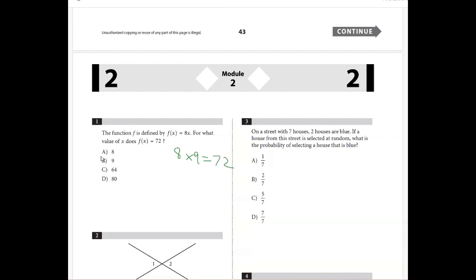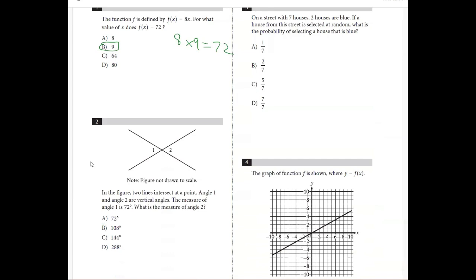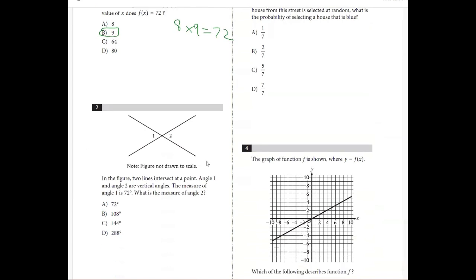So 9 is the correct answer, B. Number 2, in the figure, two lines intersect at a point. Angle 1 and angle 2 are vertical angles. The measure of angle 1 is 72 degrees. What is the measure of angle 2? Since these two lines intersect at one point, we can see that these two are the same. So answer choice A is correct.